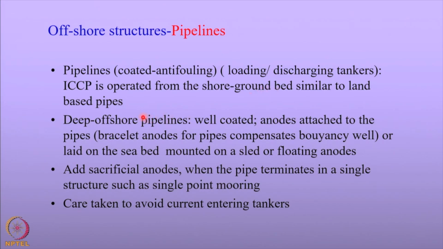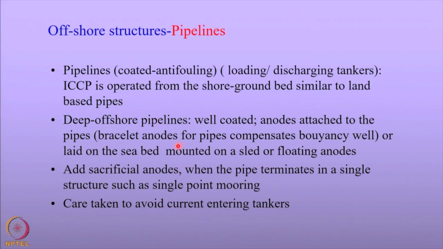And if ICCP is to be operated in this case, the ICCP is installed on the shore, and that works better actually. Okay. And for deep shore pipelines, the pipelines are well coated, because the more you take care of coatings, the less current is required for the cathodic protection systems. The anodes again in this case are attached to the pipes, generally as bracelet anodes.